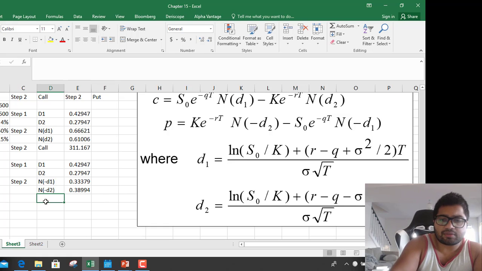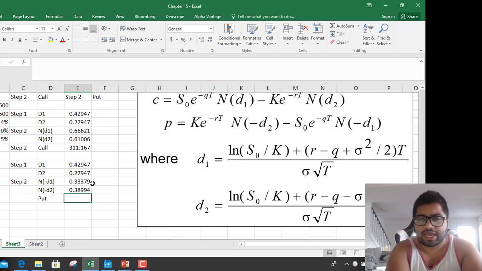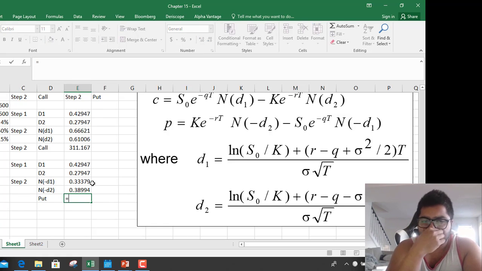Now we'll use the put formula, we'll use the put function to calculate put price.